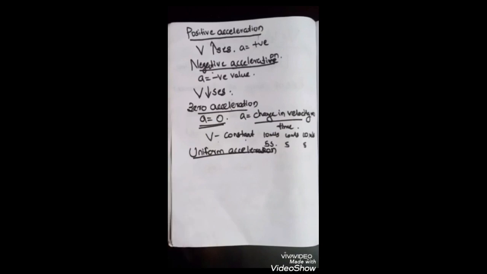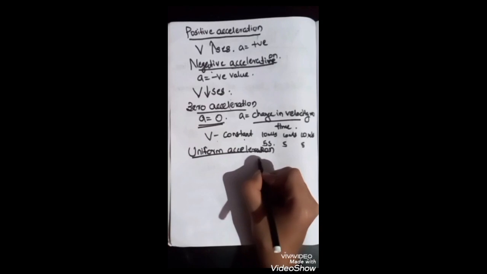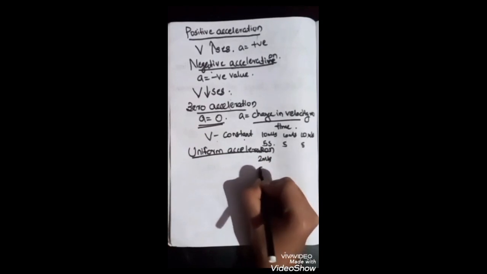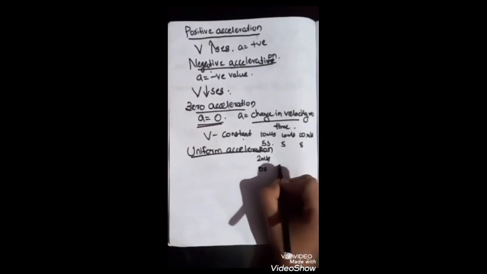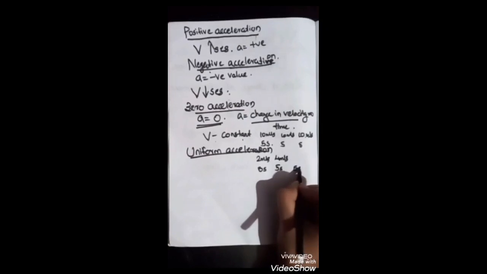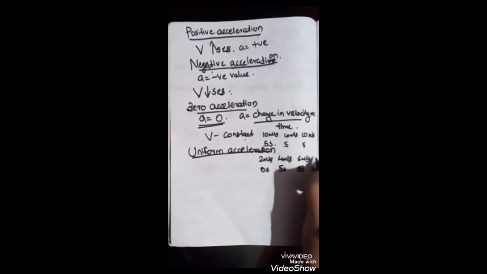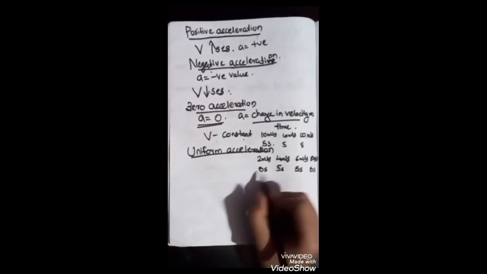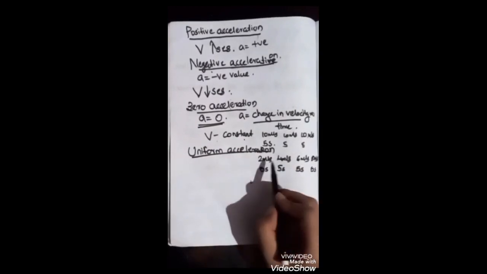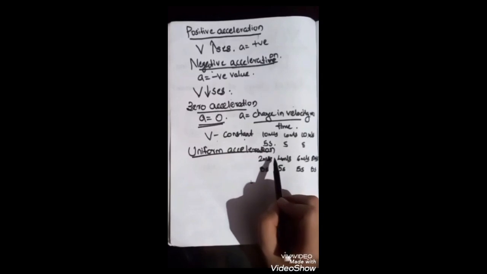That is, here at first 5 seconds it is 2 meter per second. Then next 5 seconds it is 4 meter per second. Then next 5 seconds it is 6 meter per second. In next 5 seconds it is 8 meter per second. That is, here the velocity gets increased at each 5 seconds by 2 meter per second.